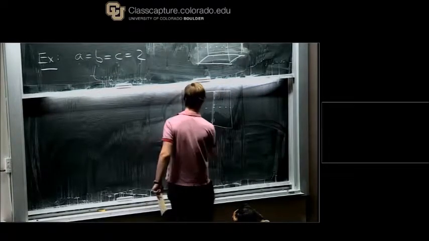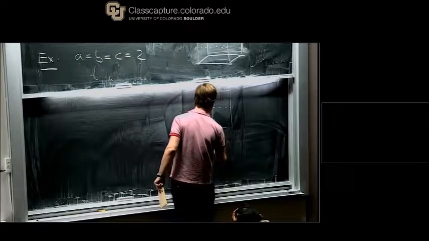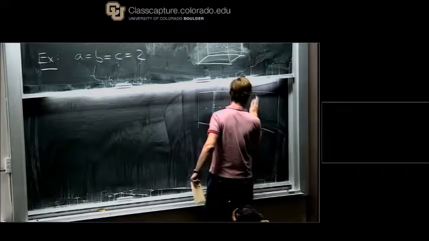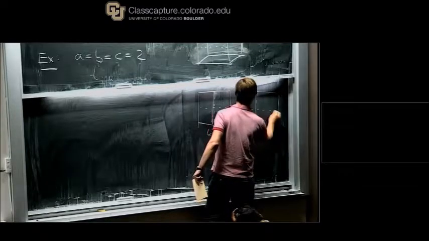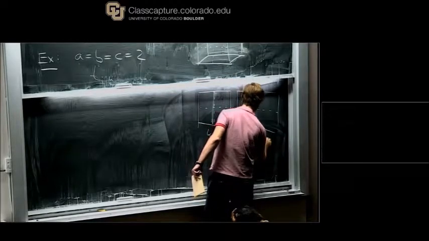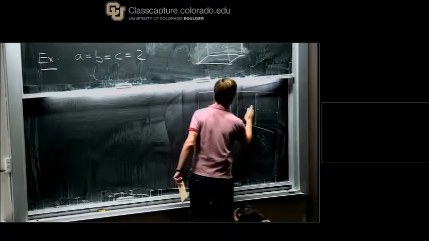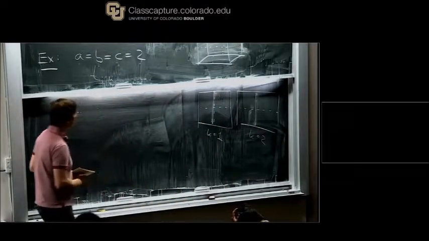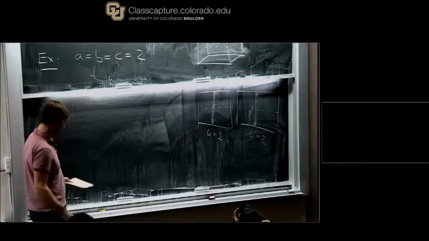And so this here is the K equals 1 matrix, and this here is the K equals 2 matrix, right? Just to draw this cube.